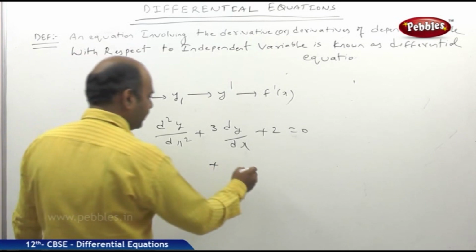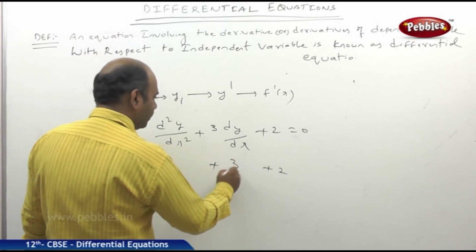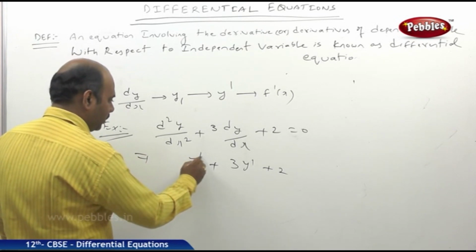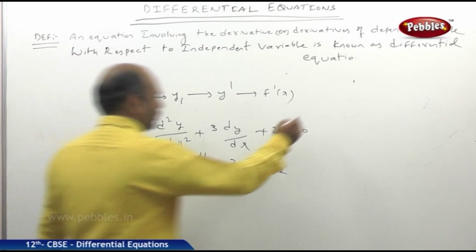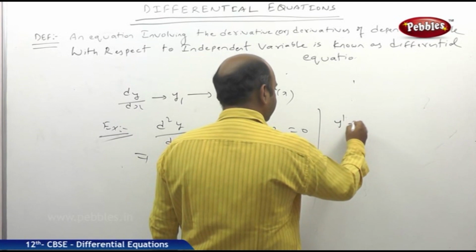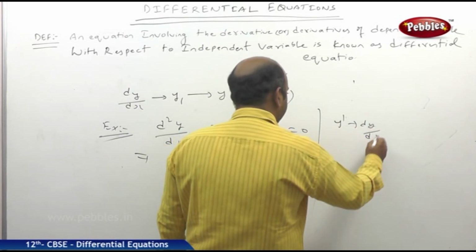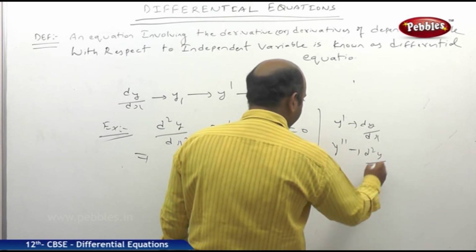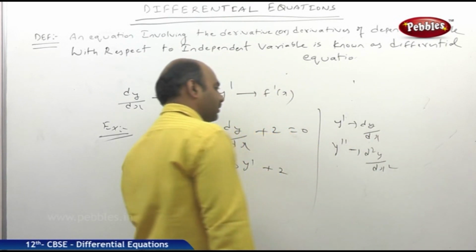So this will be plus 2, and this will be y dash, and this becomes y double dash. Why? Because y dash is defined as dy by dx and y double dash x will be defined as d square y by dx square.